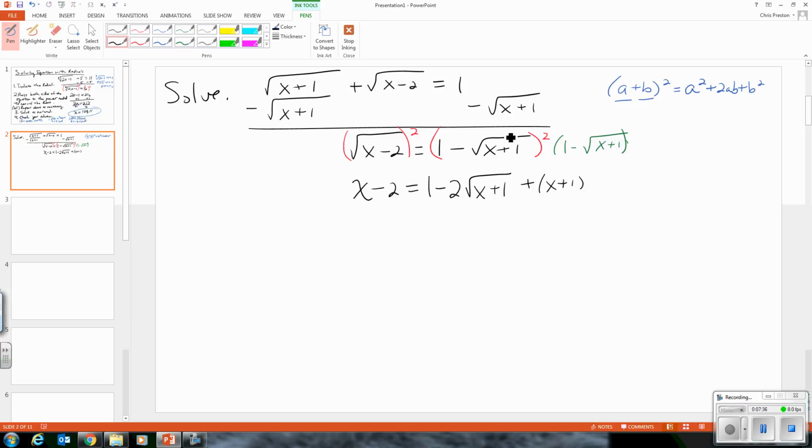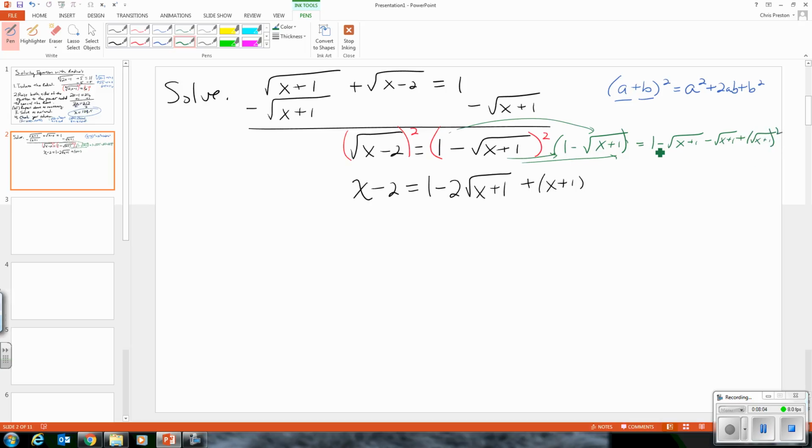Now, same thing if you work this out. If you were to say, okay, could I do it this way? Sure. If you FOIL, you get 1. 1 times the negative root is a negative root. Negative root times 1 is a negative root. And negative root times negative root is a positive root squared. Right? And so what do you get?